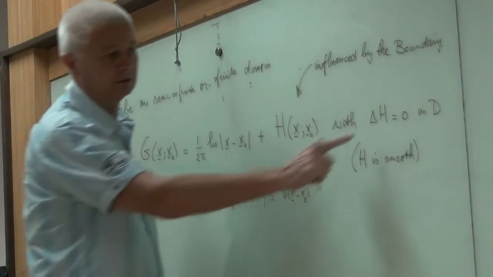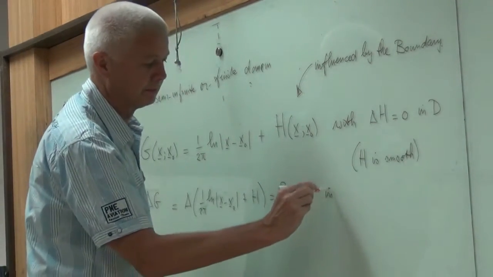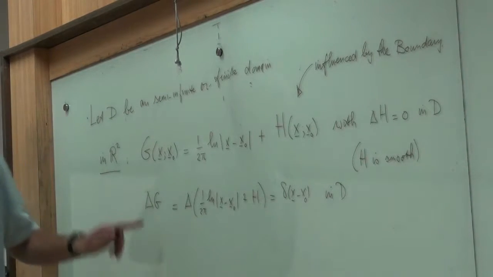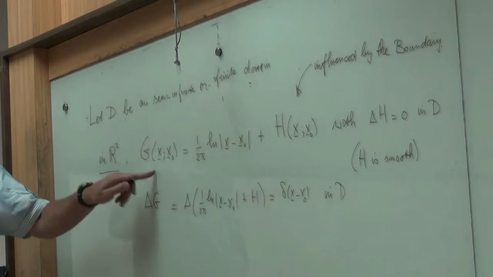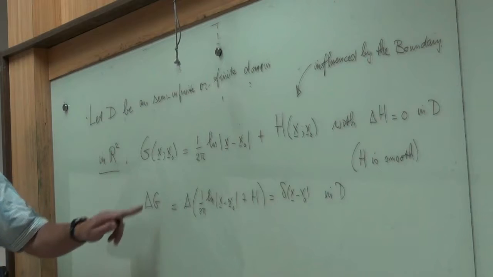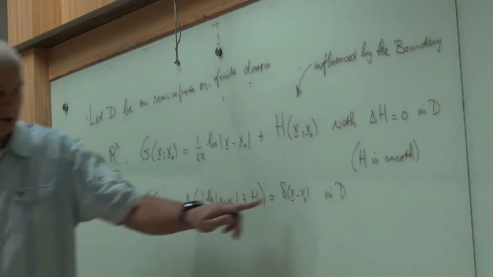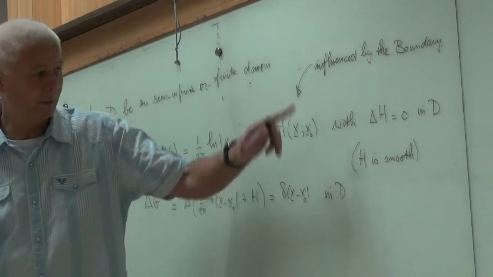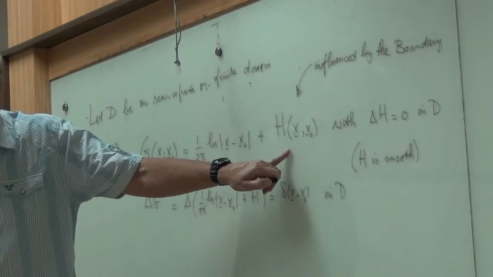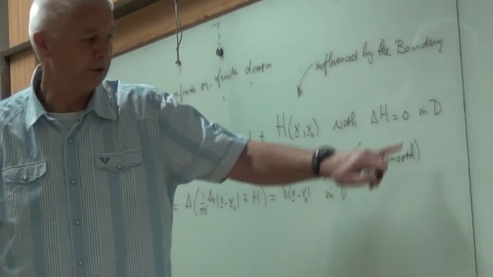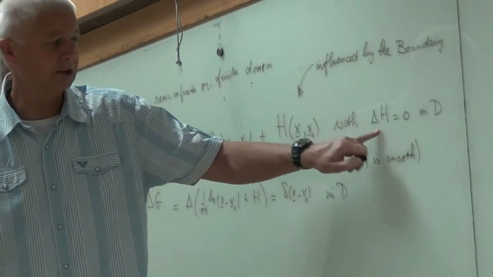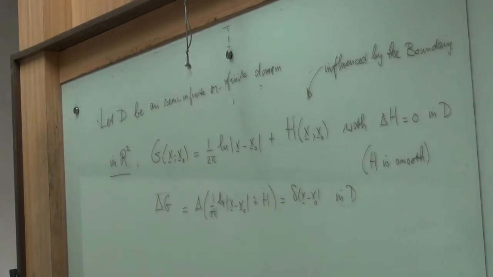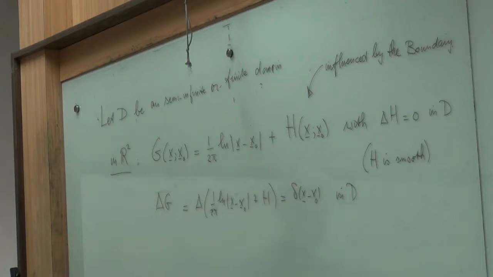And Laplace h, by definition, is equal to 0 in D. So you nicely see that if you construct it in this way, then you will get Laplace g is the delta function in the domain D, where we assume that h is a smooth function in D, and it satisfies Laplace h is 0 in D. And that will always be the structure of your Green's function.